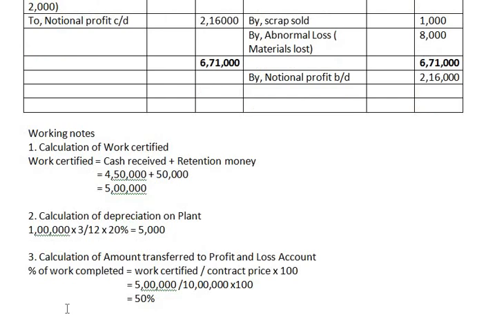So you can just write one sentence over here.